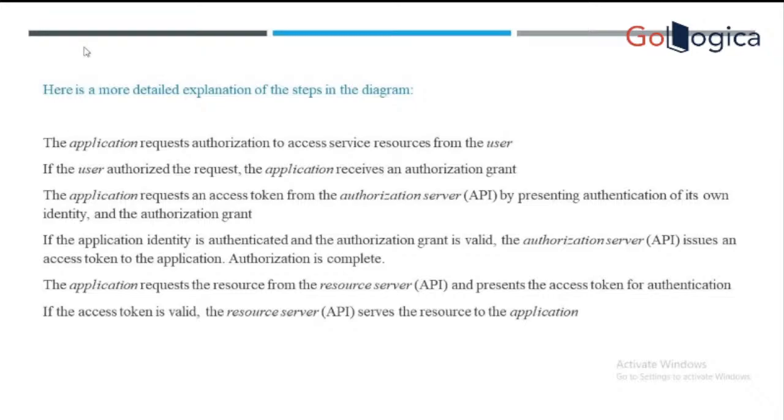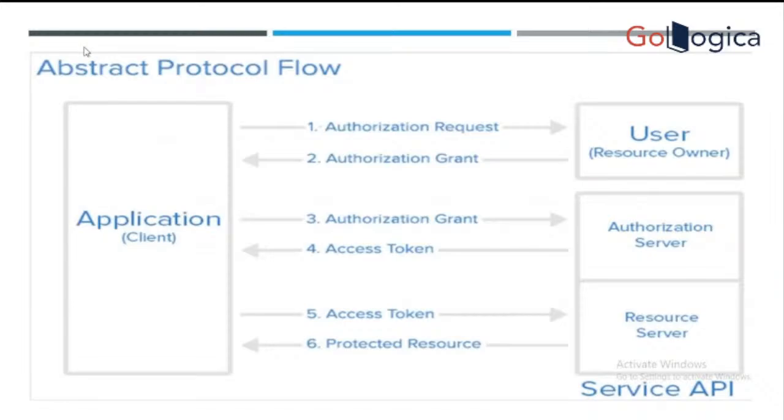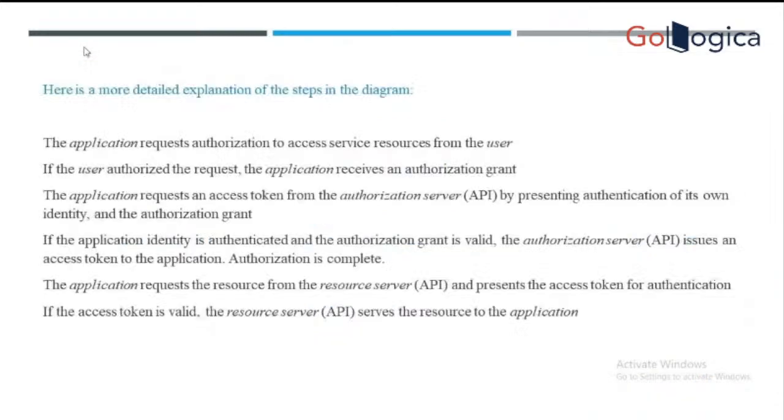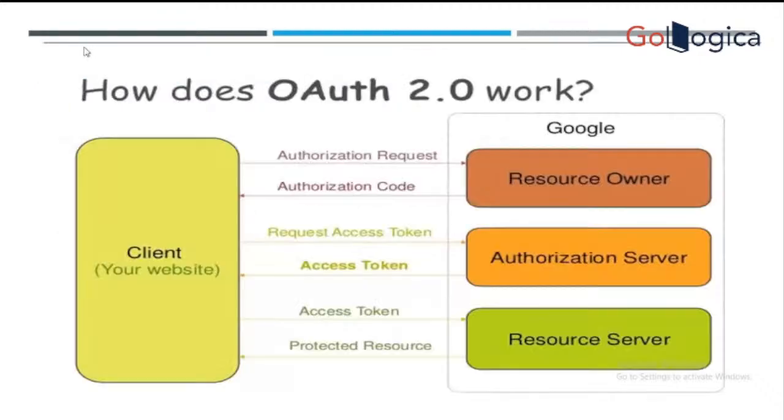of the steps followed by the diagram, as I told you earlier, it is mentioned that when an application requests authorization to access service resources from the user, if the user authorizes the request, the application receives an authorization.